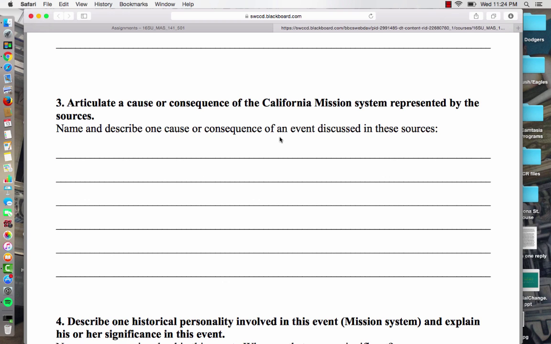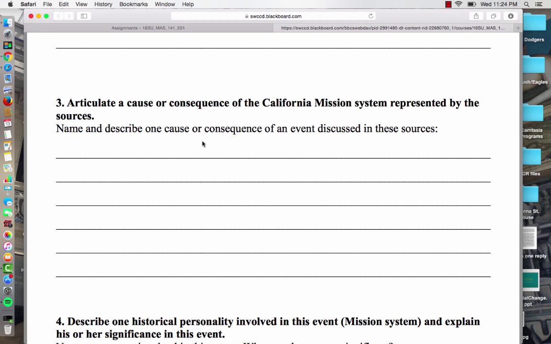And again, by event, what I mean is the California mission system itself. So keep the focus on the mission system. That is, when Father Serra and all his men, and of course the soldiers, came into California and established the chain of missions. Your job then right here is to tell me what was a cause of the mission system, or what was a consequence of the mission system.